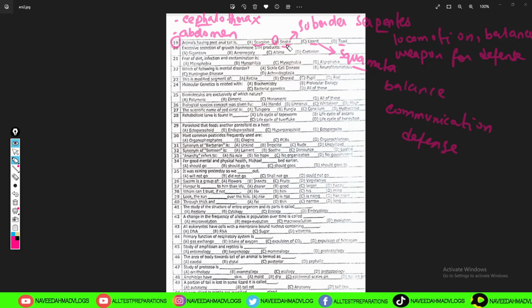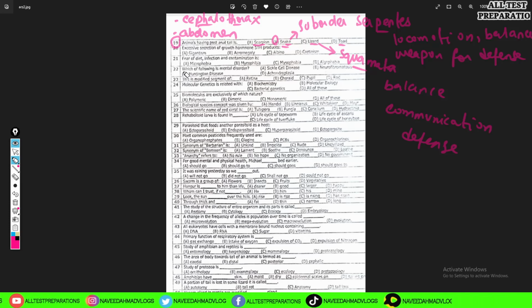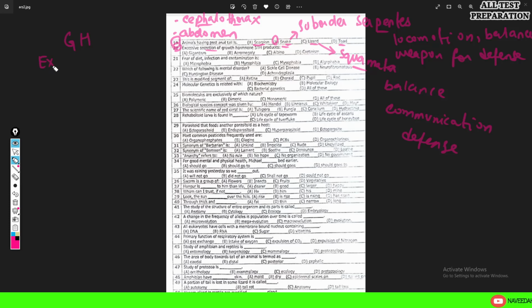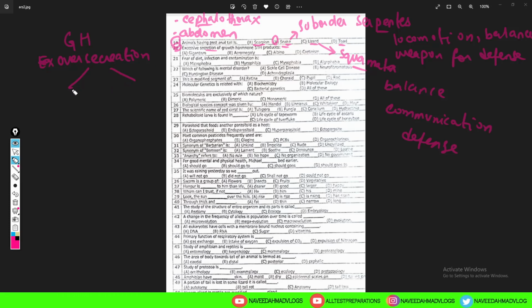Snake contains a post-anal tail. Question number 20: excessive secretion of growth hormone STH, somatotropin, produces option A, gigantism, option B, acromegaly, option C, albino, and option D, cretinism. So for excessive secretion of growth hormone, we have two cases.